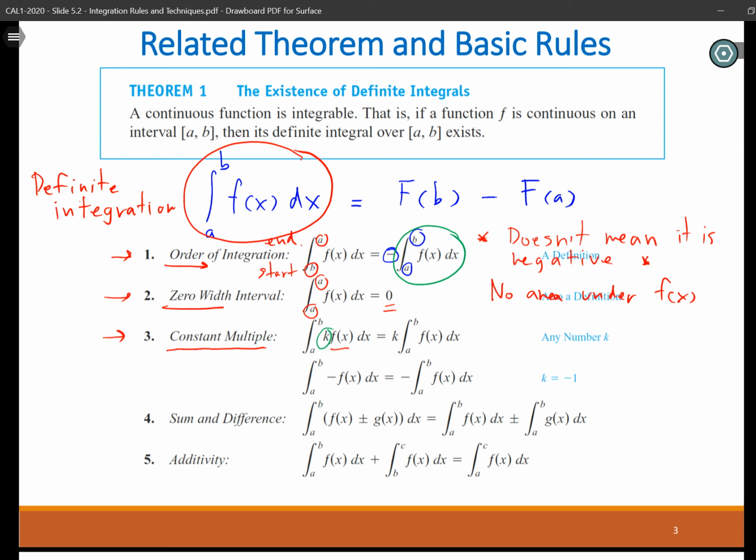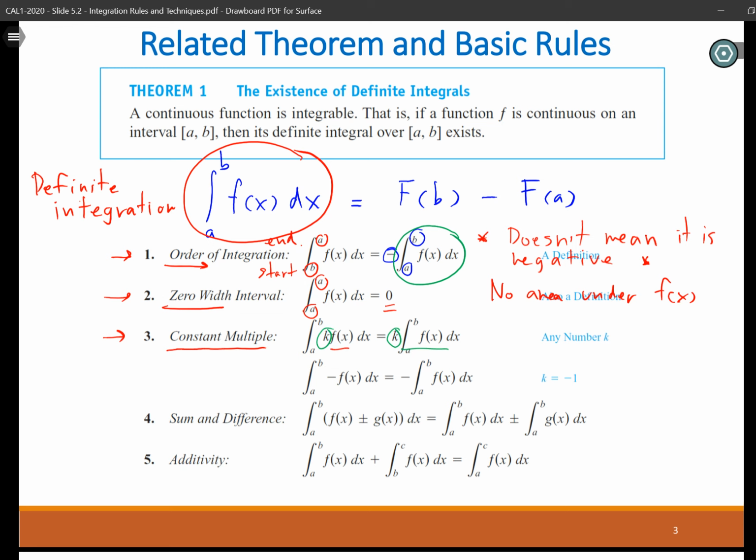You want to differentiate a certain function with a constant in front of it. You can just take that constant outside, perform the operation directly on the function, and in the end, that constant is still there. So you can just take this constant outside and then perform the integration directly on the function itself.